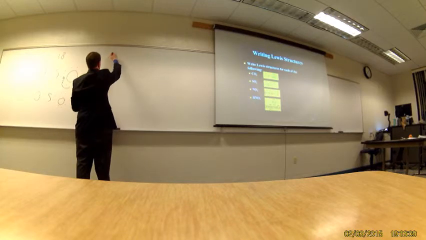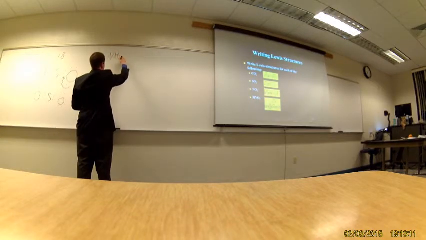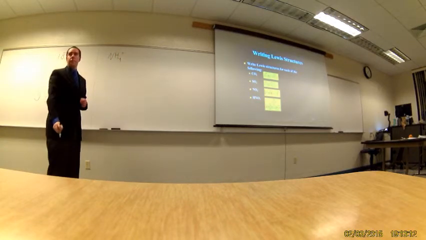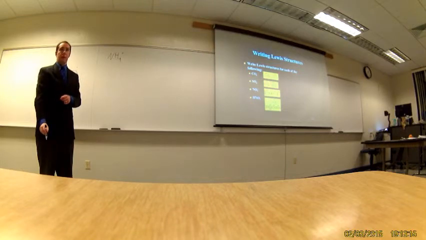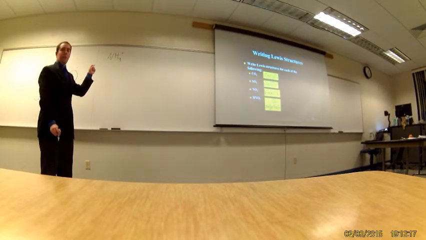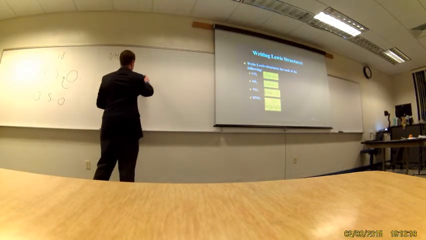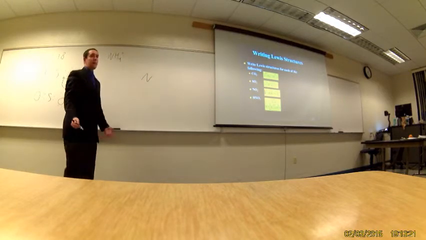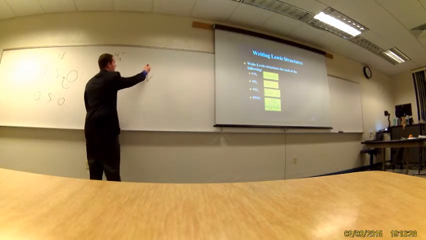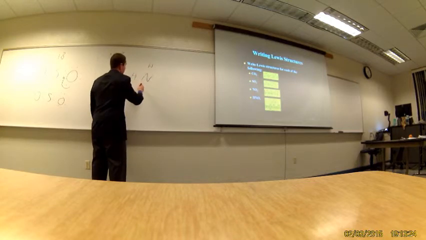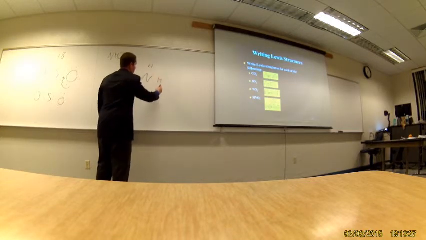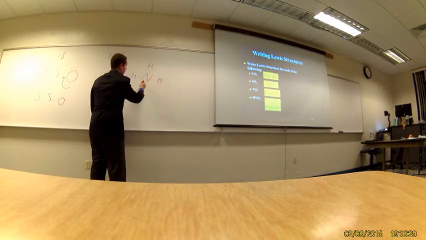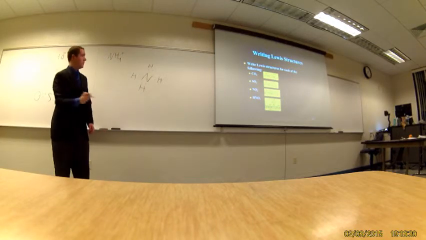What if I do the ammonium ion? What's in the center? Nitrogen. Where do those 4 hydrogens have to go? Around the nitrogen. So this nitrogen has to form 4 single bonds. Don't forget the brackets and the charge.